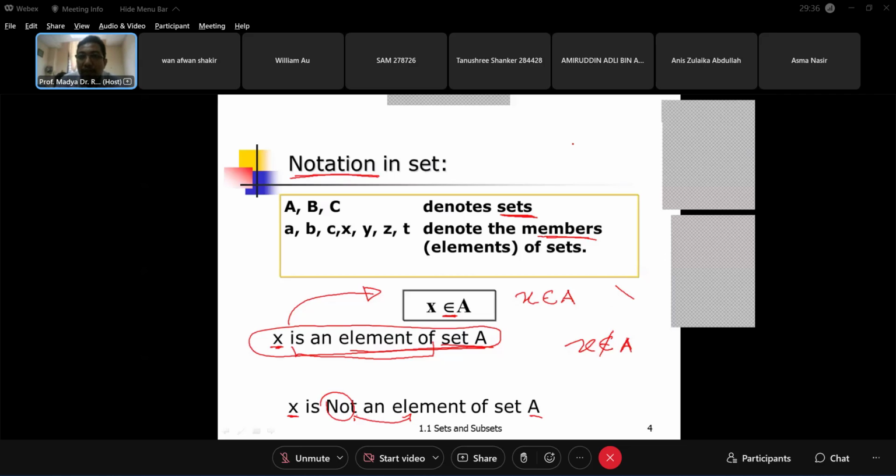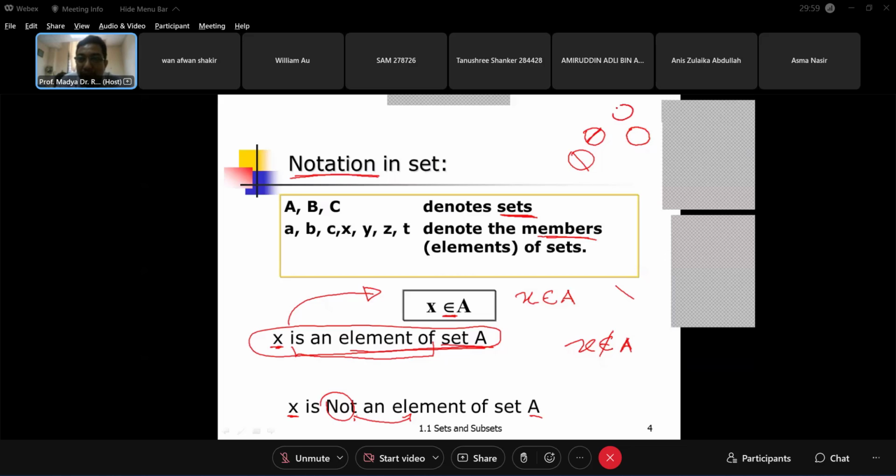That's why if you see a symbol like this one, this is wrong representation. The correct one is like this. It means no entry. Entry means this is an entry. Why does it represent entry?